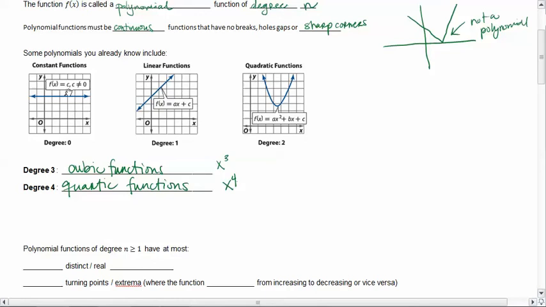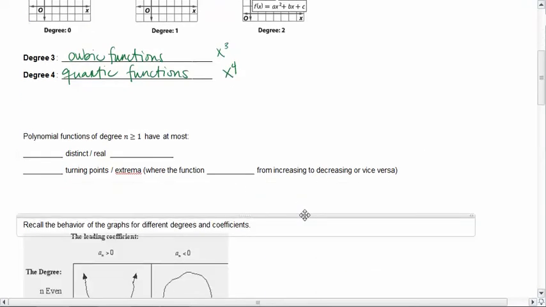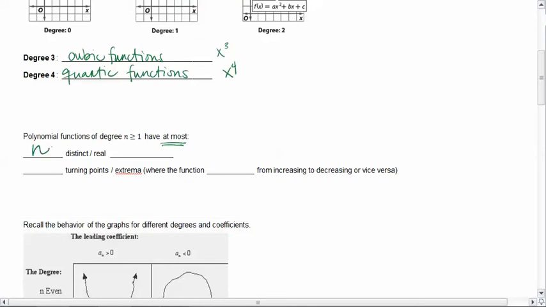So polynomial functions of degree n greater than or equal to 1, these have at most, so not every single time, but at most, n distinct real zeros. So we're not talking about the zeros where we get an i, like if you have the square root of x minus 1.